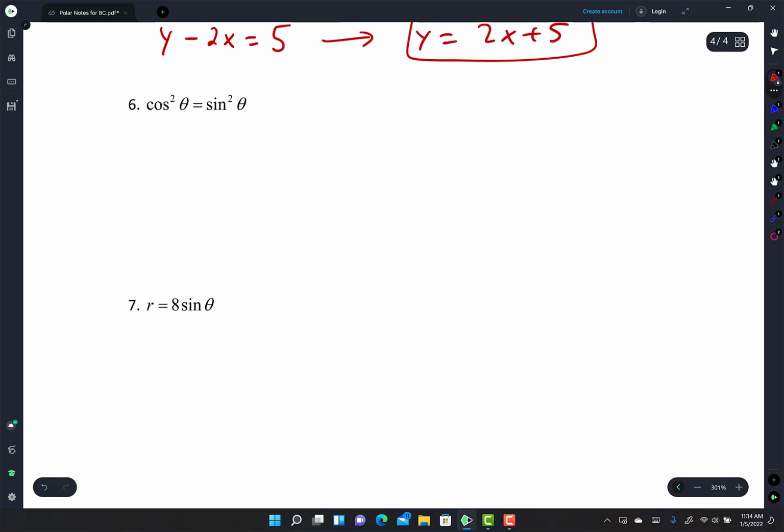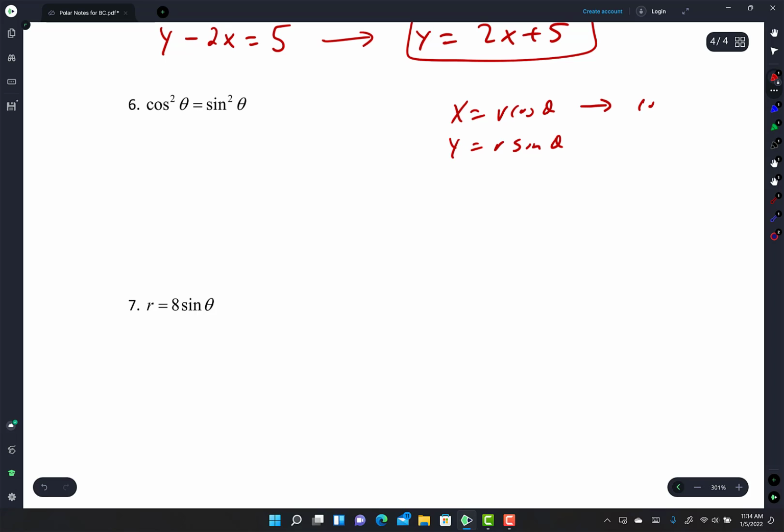All right, cosine squared equals sine squared. I'm just putting the properties. Okay, I got an idea.